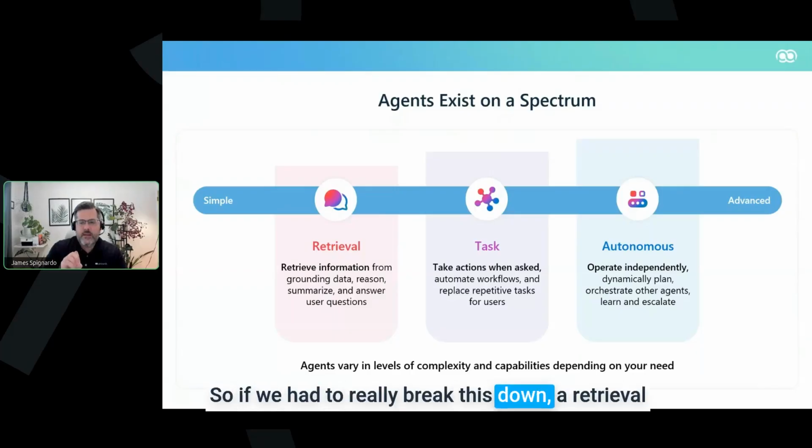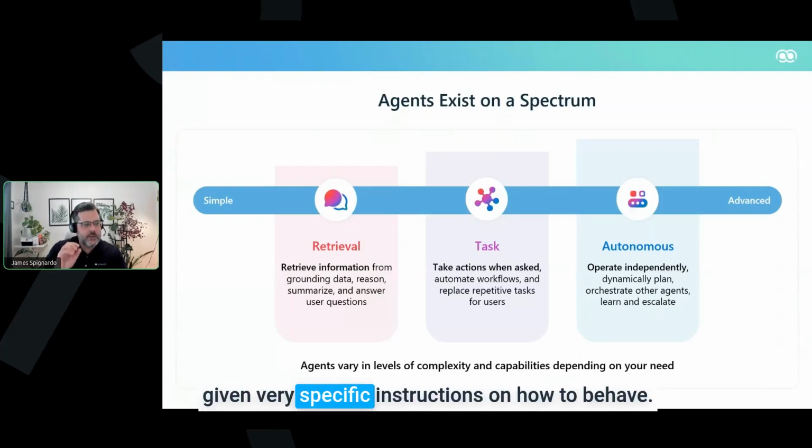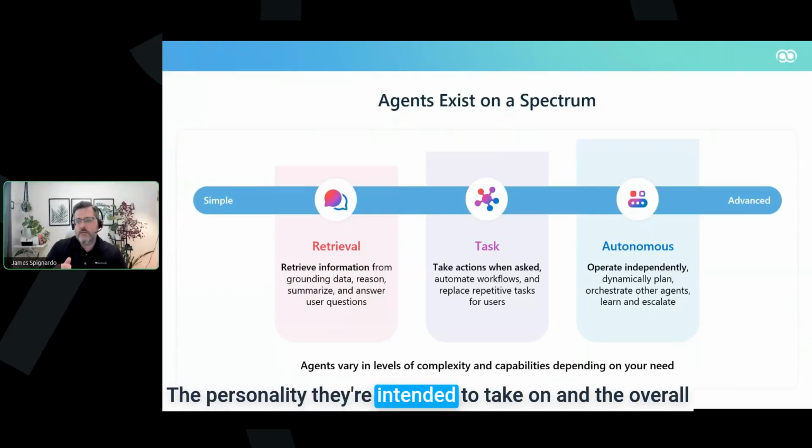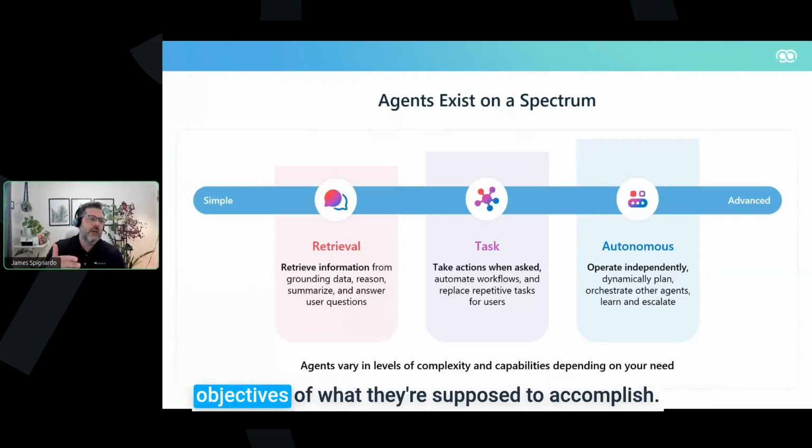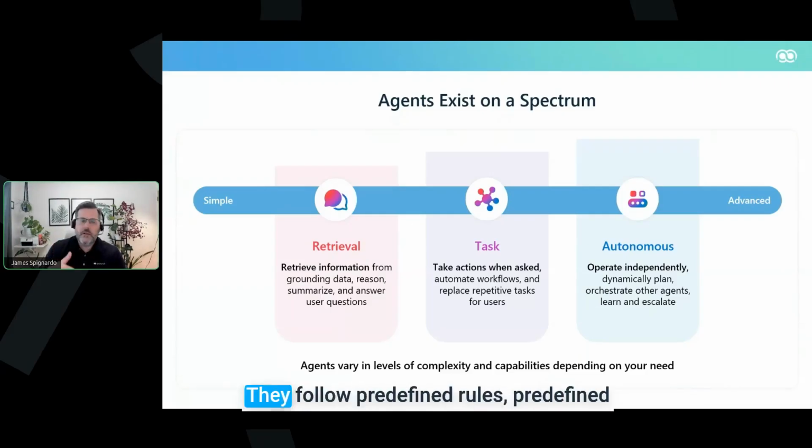So if we were to really break this down, a retrieval agent is nothing more than an agent that's been given very specific instructions on how to behave, the personality they're intended to take on, and the overall objectives of what they're supposed to accomplish. They follow predefined rules, predefined guidelines, and they're set by their creators. That's what we're going to start with today and the agent that we're going to build.